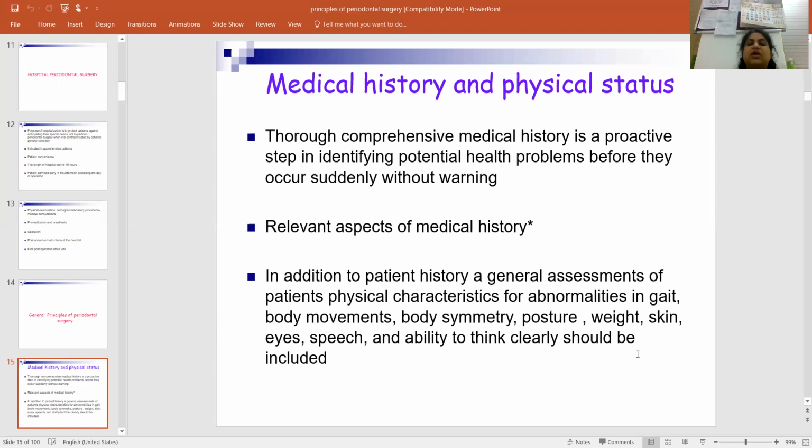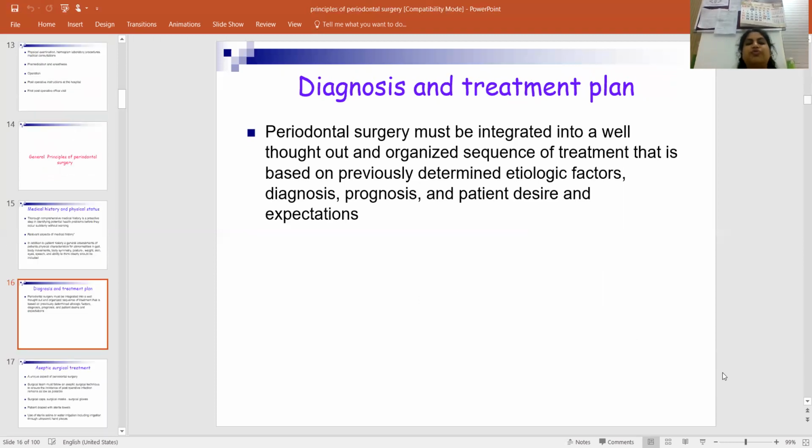It will also give the patient's ability to cope with the surgical procedures. Then what is your diagnosis and treatment plan? First of all, if there is any need for periodontal surgery, the diagnosis should be made, because periodontal surgery must be integrated into a well thought out and organized sequence of treatment that is based on the previously determined etiologic factors, diagnosis, prognosis, and patient desires.